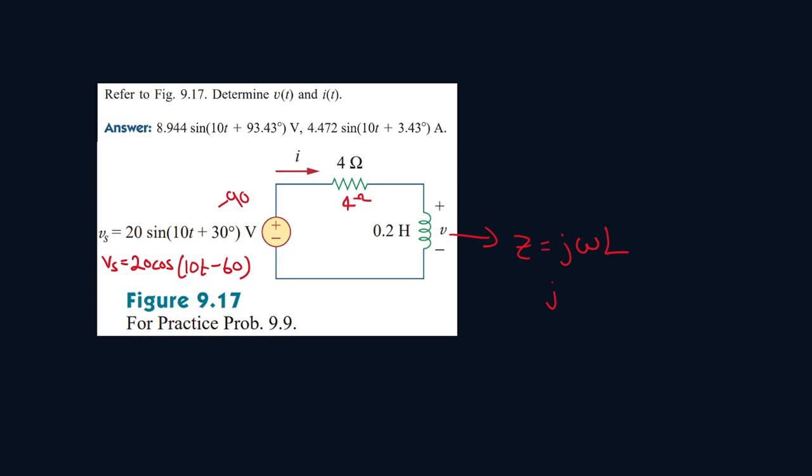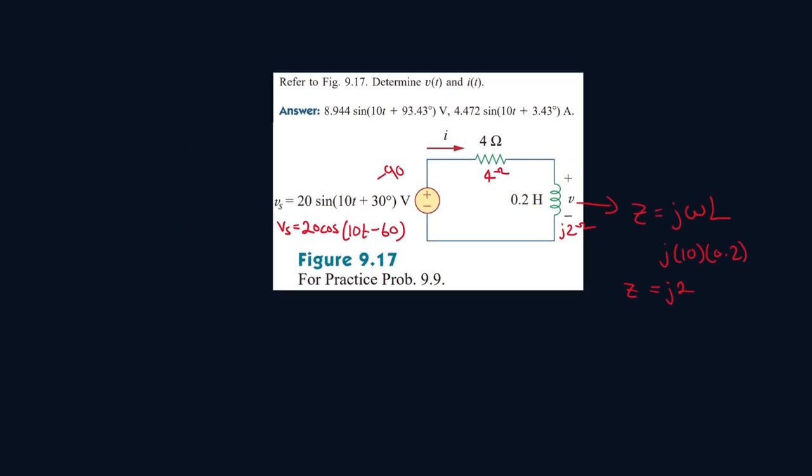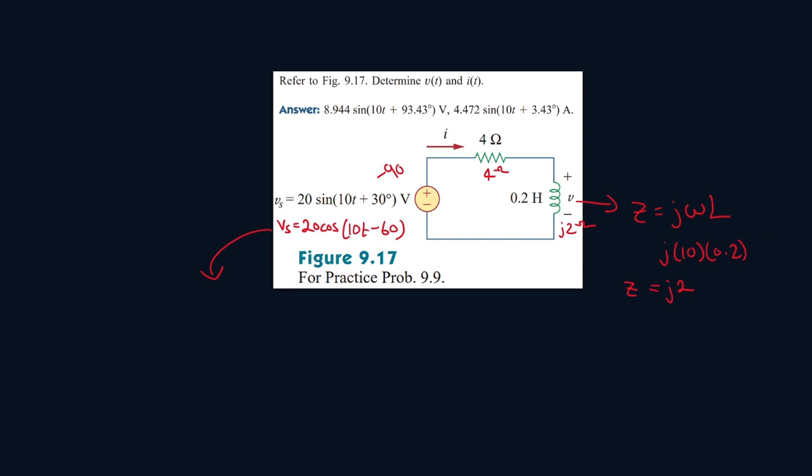The angular velocity is whatever is being timed by t. So it'll be 10 times 0.2, that's just 2. So it'll be J2 ohms.